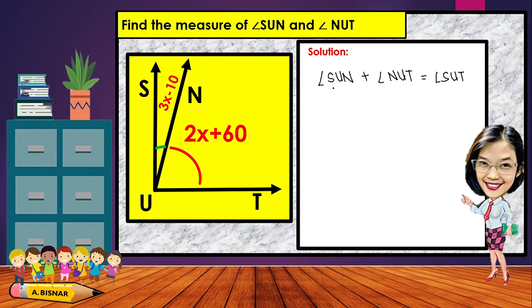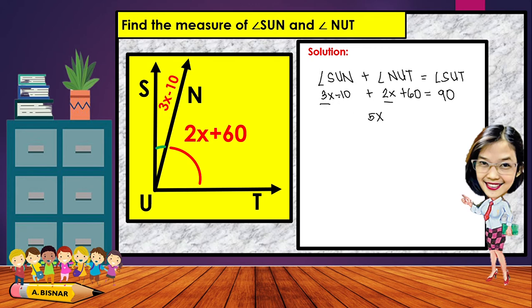So the measure of SUN is 3x minus 10. And the measure of NUT is 2x plus 60. And again, this will be equal to 90. So combine similar terms. 3x plus 2x, the answer is 5x.